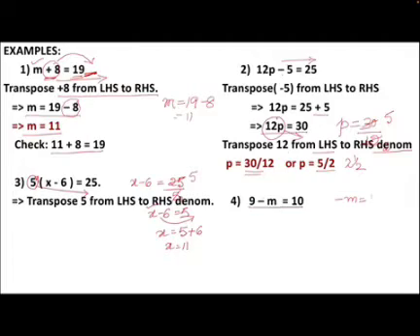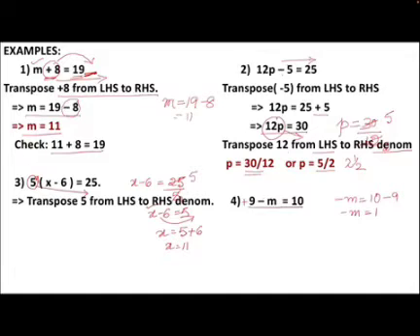So minus m equals 10 minus 9. How did 9 become minus? If there is no sign here, it's understood as plus sign. So minus m equals 10 minus 9. So minus m equals 1, positive 1.